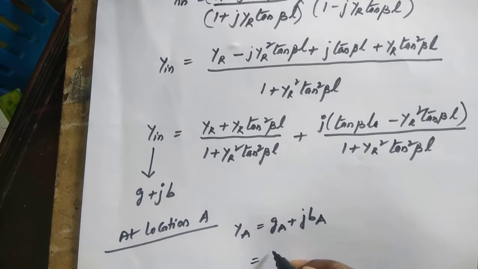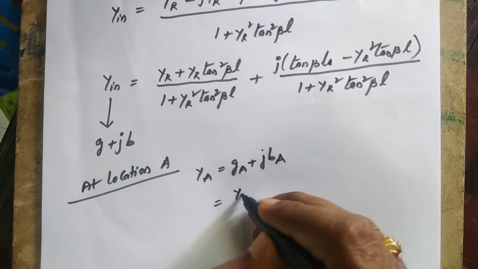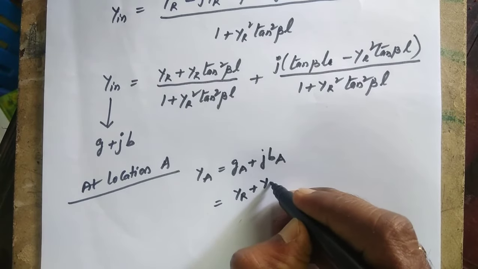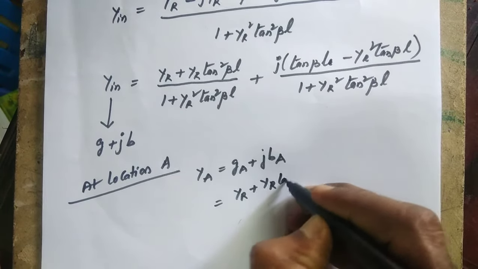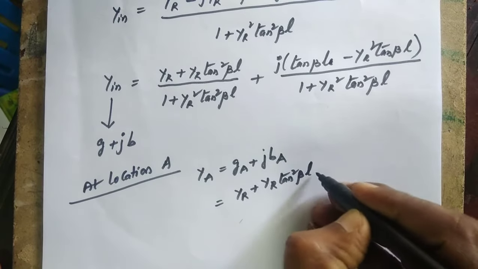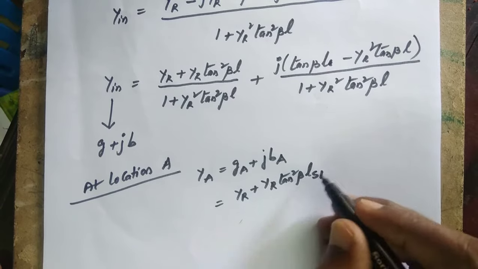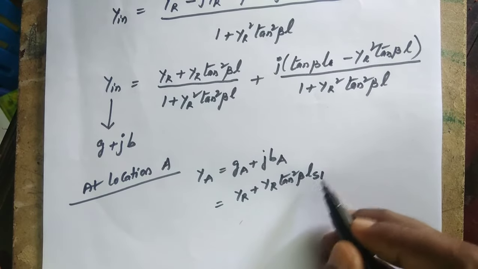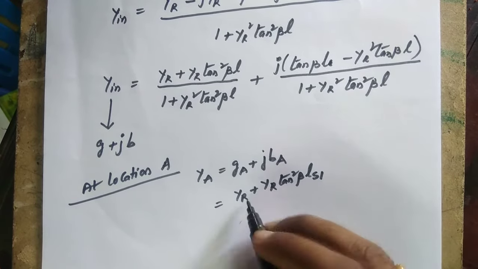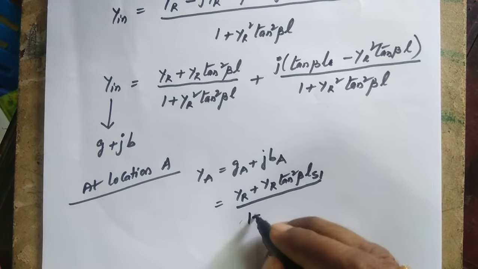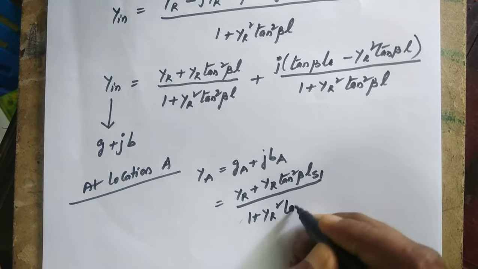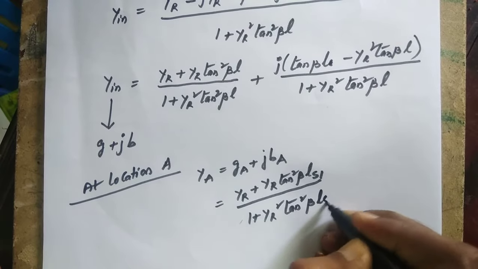So this is (YR plus YR tan square beta LS1), where it is positioned at point A, so that the length of the location of the stub is LS1 here, divided by (1 plus YR square tan square beta LS1).